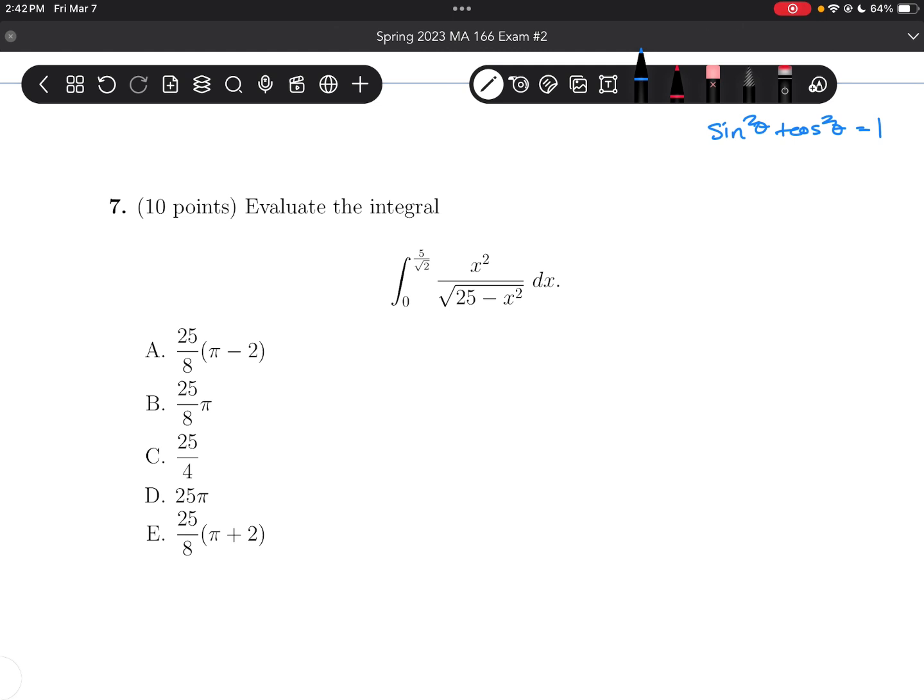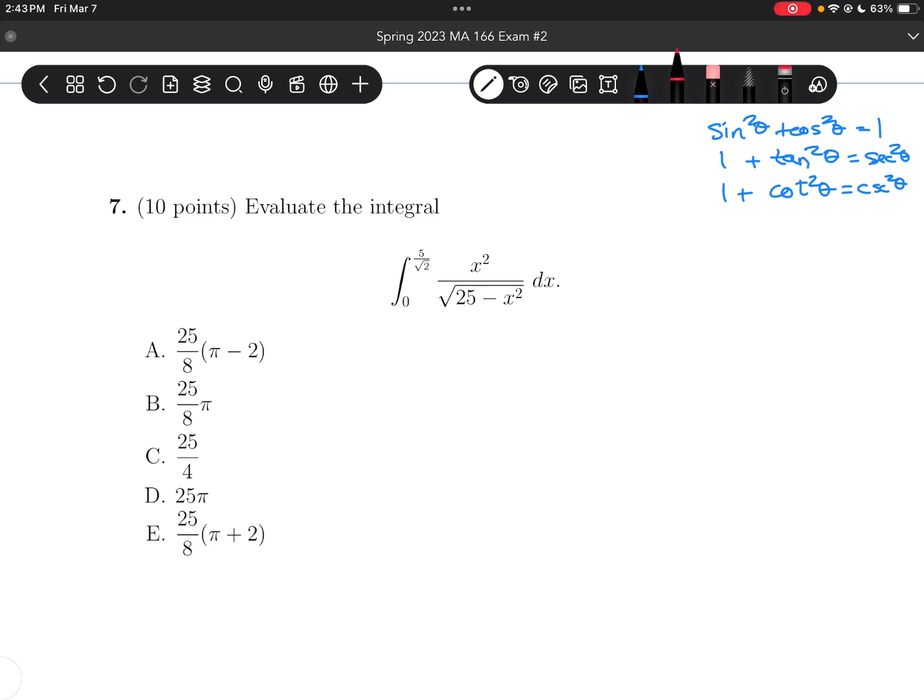And then there are two other corollaries, I guess, which state that 1 plus tangent squared theta equals secant squared theta, and 1 plus cotangent squared theta equals cosecant squared theta. The only important one to remember is this first one. You can derive the second and third ones by dividing this first equation by cosine squared theta and sine squared theta respectively.